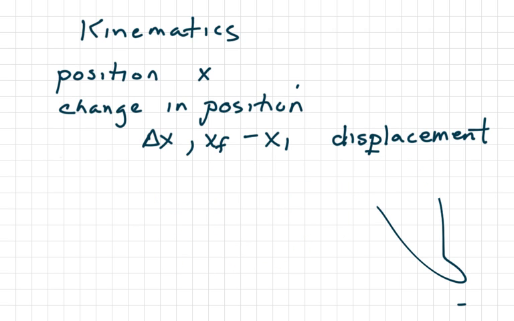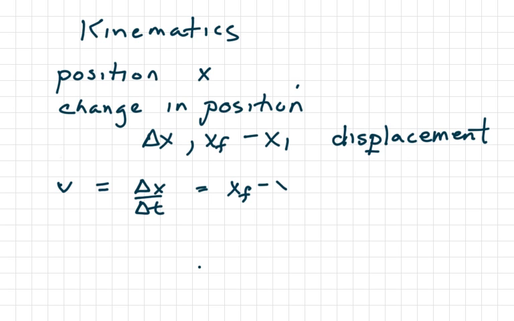If we want to study our velocity, we will indicate that with a lowercase v. And this is delta x over delta t, which is x final minus x initial divided by t final minus t initial.